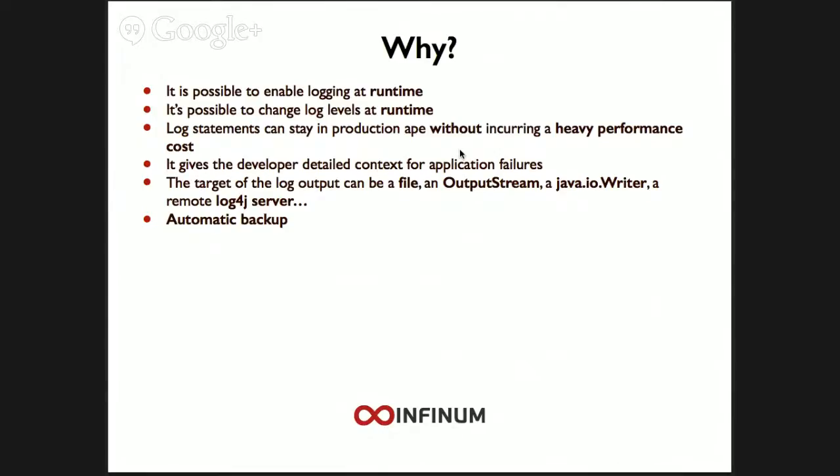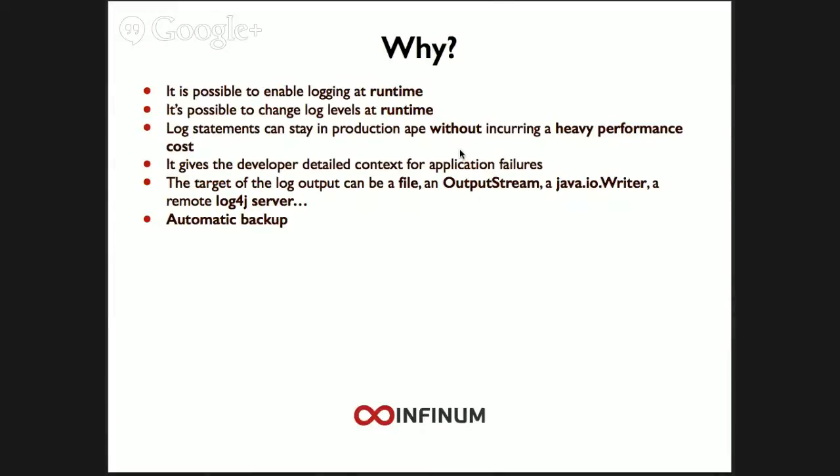So first, why would we use Log4j? Because it's possible to enable logging at runtime. You can enable it, disable it, change log levels, and pretty much everything. Log statements can stay in the production APK without incurring a heavy performance cost.